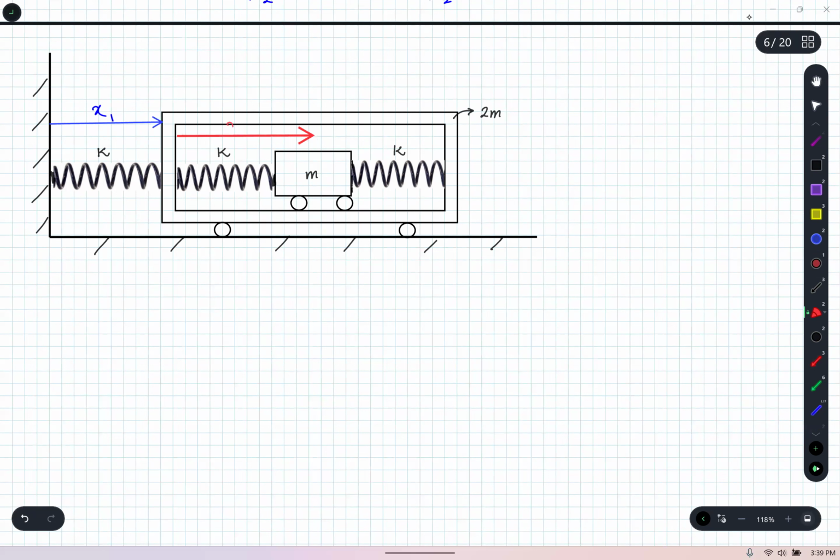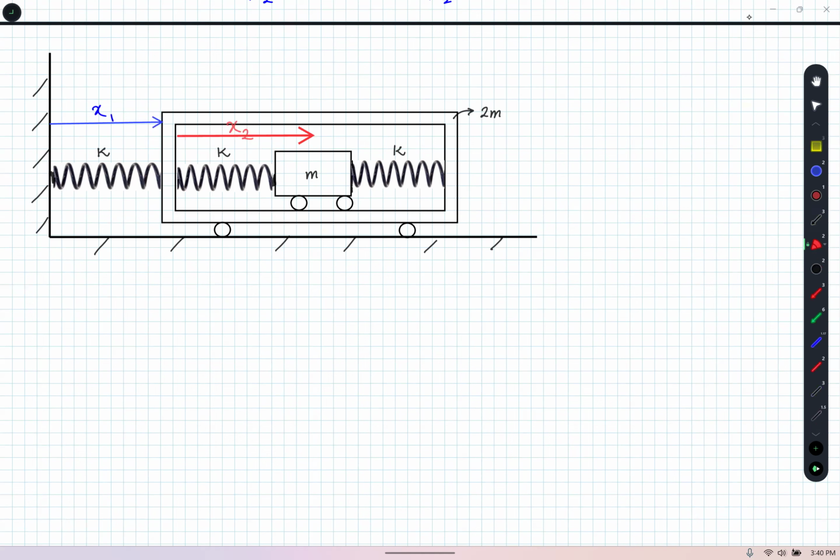is actually measuring the motion with respect to the cart, which makes more sense because if we put some sensors on this cart, imagine this cart is part of a machine and we wish to do some measurement.